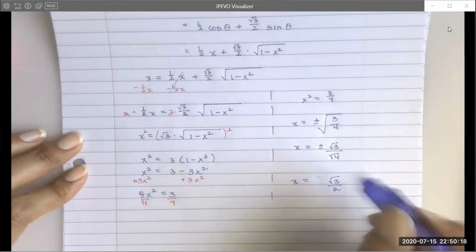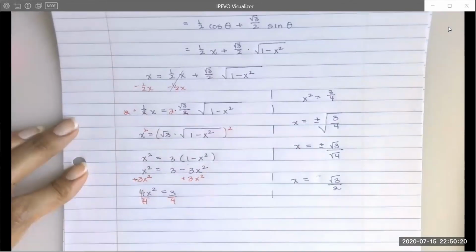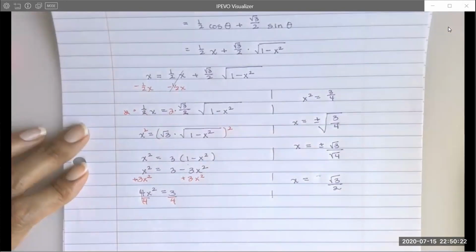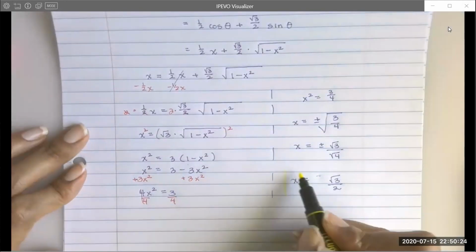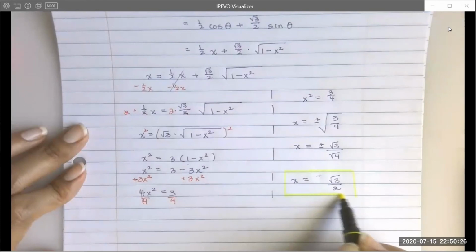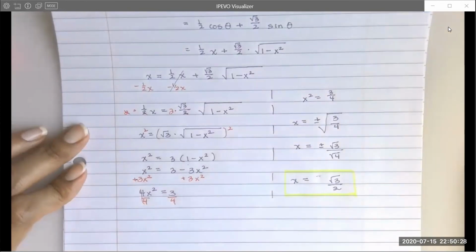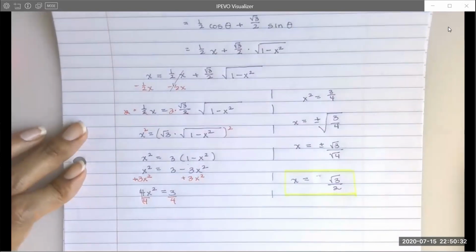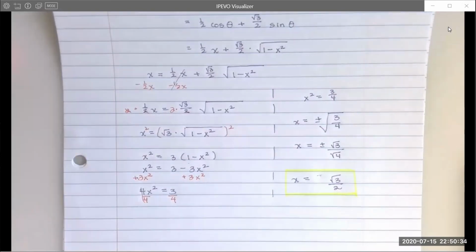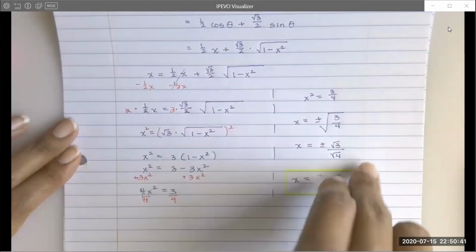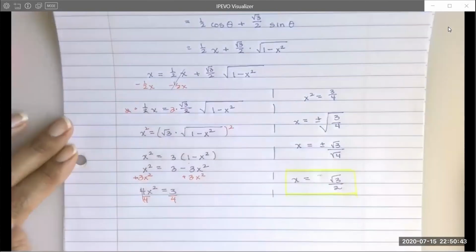X is equal to radical 3 over 2. All right, so that is the answer to this final problem.